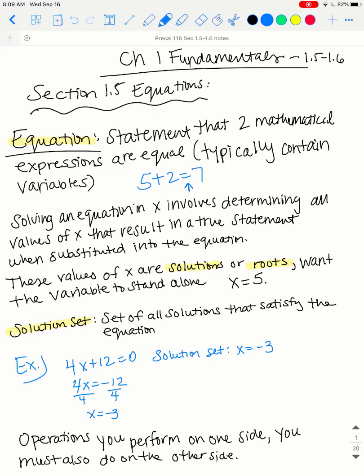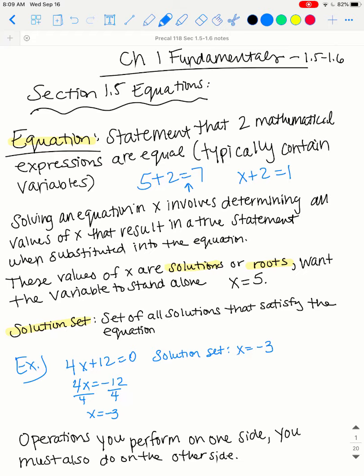Solving an equation in x, like this, involves determining a value of x that would result in a true statement when substituting into the equation. Now, x is just a random variable. We don't always have to use the variable x.